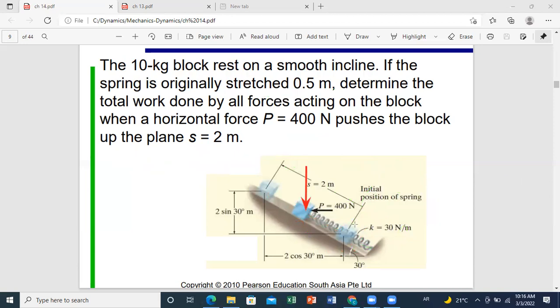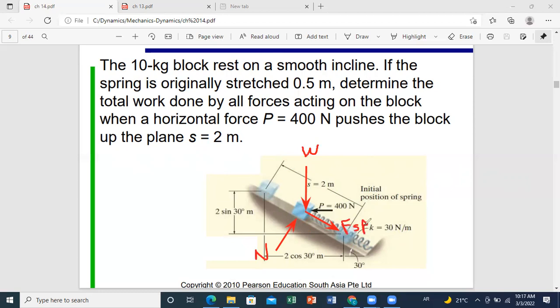Since we are moving our block up, we have a spring force acting on it downward. We have force P, which is applied on the block to lift it upward. We have the normal reaction, which is perpendicular to contact. And since they say it's a smooth incline, we don't have friction. So our forces are the weight, the normal, and the spring force, in addition to P, of course.